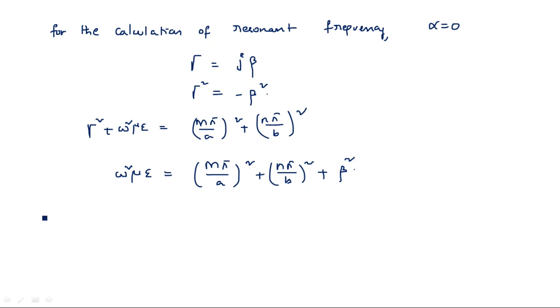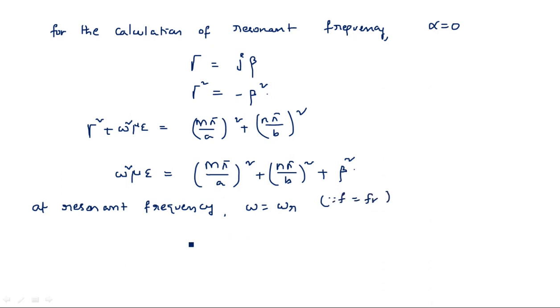Okay, so now we are going to calculate resonant frequency. Which is the frequency term here? Omega. Omega is the frequency term. So omega is equal to omega r. That means f is equal to fr.